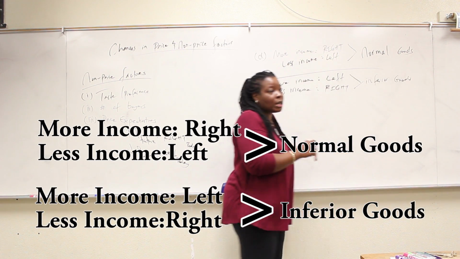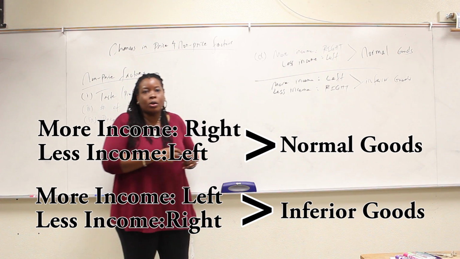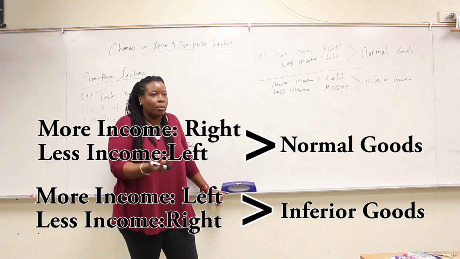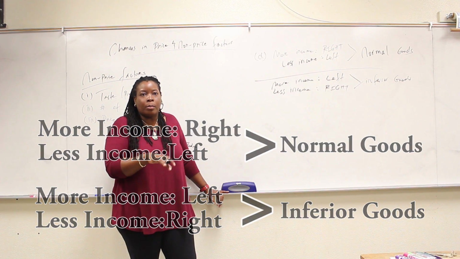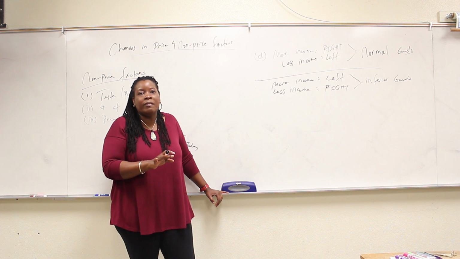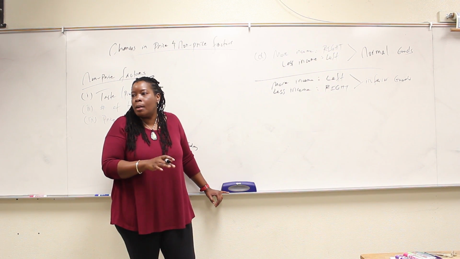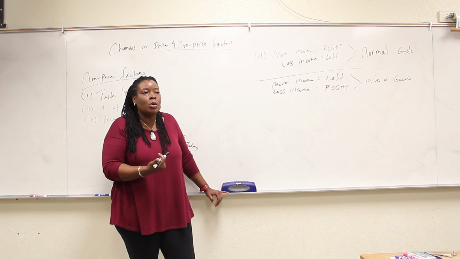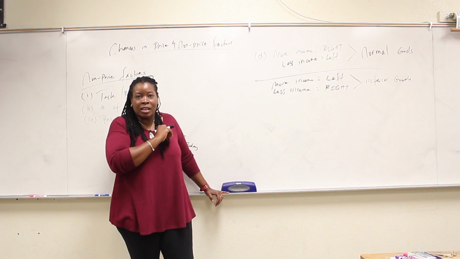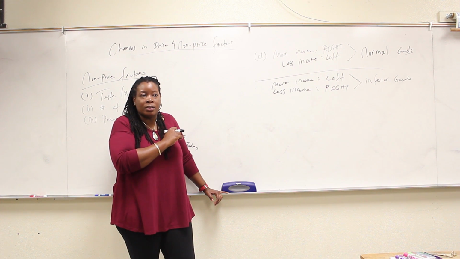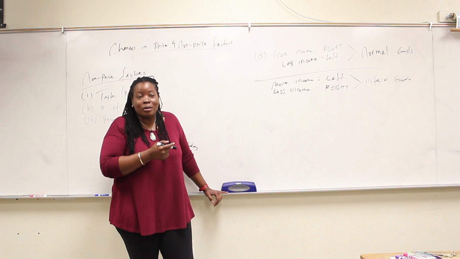So watch the income variable. It matters what type of good we have. There are some goods where when you get more income, you buy more of them. Less income, you want less of them. Those are normal goods. There are other classes of goods called inferior goods, where when you get more income, you actually want less of them. And when you get less income, you want more of them. A used car is an example. Used clothes in some instances. Ramen noodles.